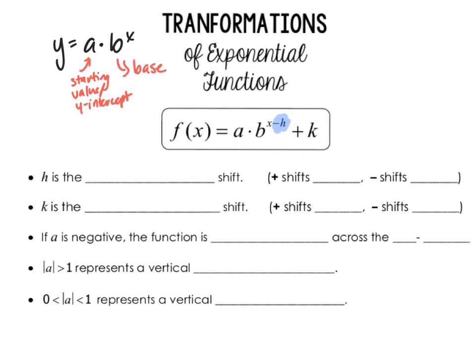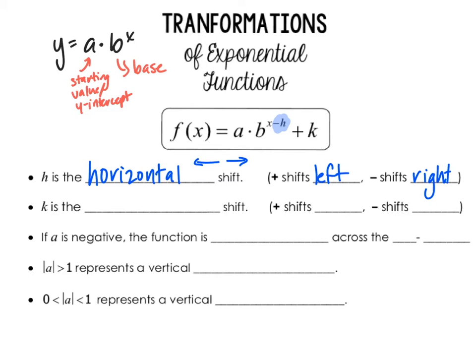So see that h is right here. So h is what we call the horizontal shift. And horizontal means left or right. If the horizontal shift is positive, then it shifts left. If it's negative, it shifts right.